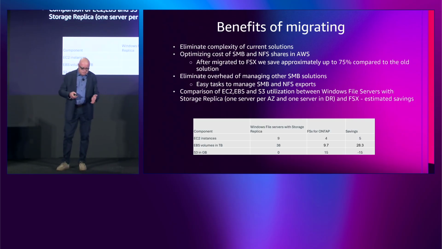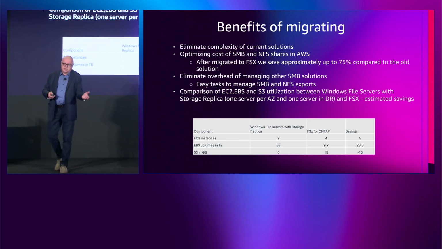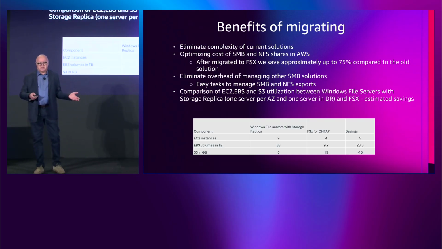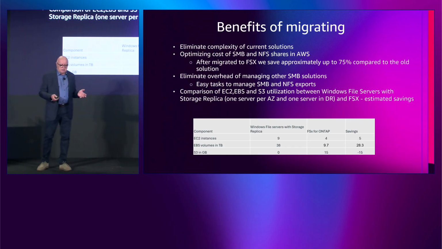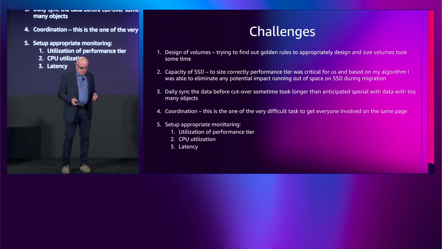And S3, we don't have S3 on the other solution because they don't support S3. With FSx, because it supports S3, we add the cost of, for example, 15 terabytes of S3, but it's significantly lower compared to the EBS volumes.